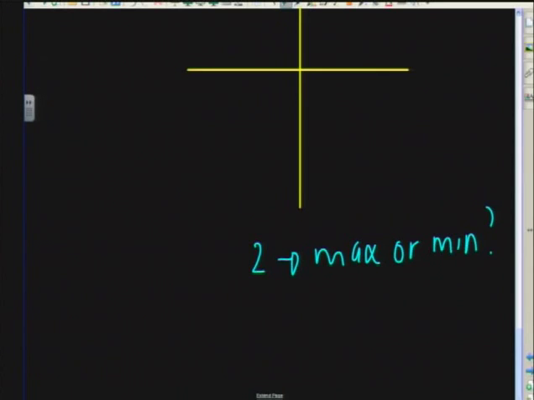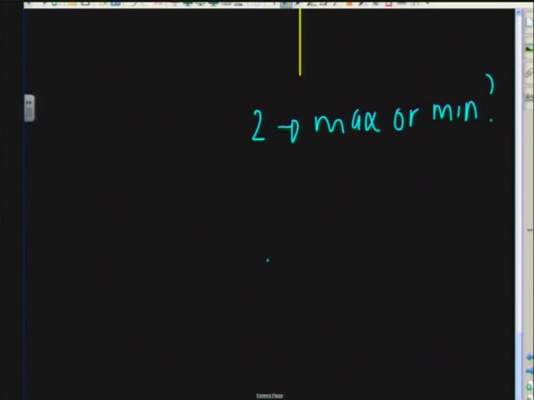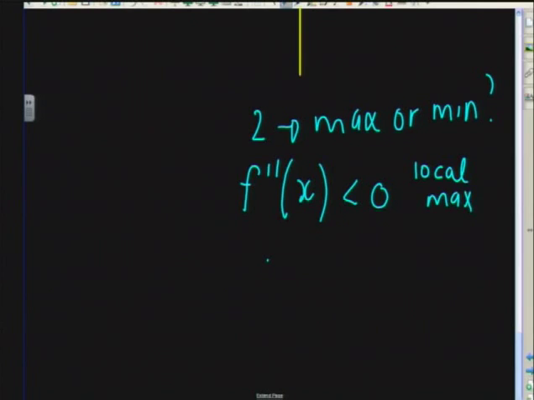Now remember, I showed you this in the beginning. You look at your second derivative. If your second derivative is less than 0, you're going to have a local maximum. And if your second derivative is greater than 0, you're going to have a local minimum.